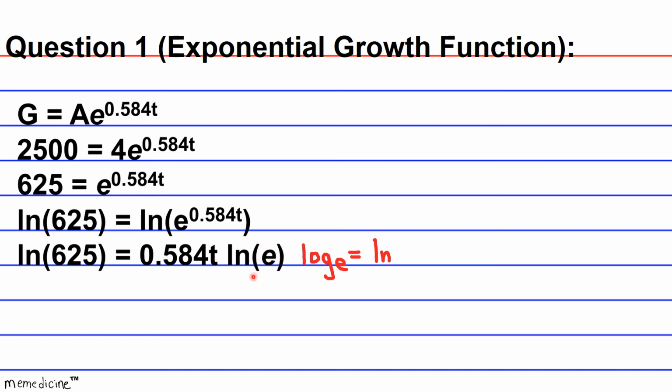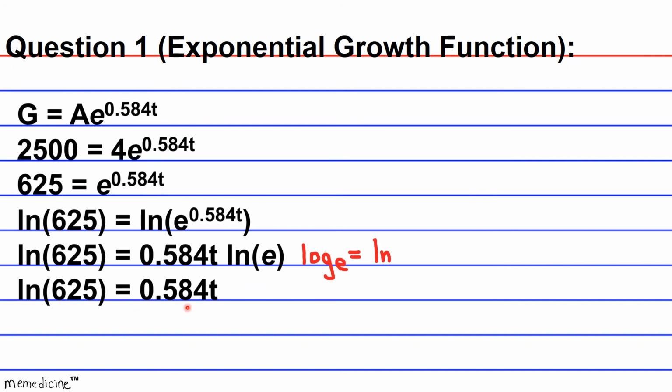So in order for the base e to yield a result of e, you have to raise it to 1, because e raised to the first power equals itself. Hence, this is equivalent to 1, and we can just get rid of it since we're multiplying 1 times 0.584t. So we can re-express this as the ln of 625 is equivalent to 0.584t.